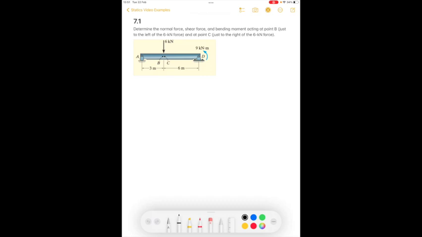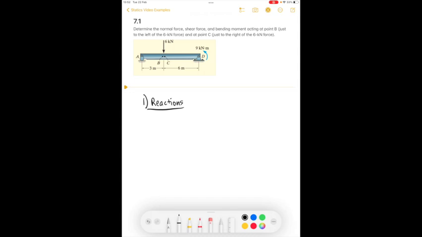So in this example, we're going to find the internal forces at two different points, one just to the left and one just to the right of a 6 kilonewton force. And we'll call those points B and C. As usual, the first step is to find the reaction forces.